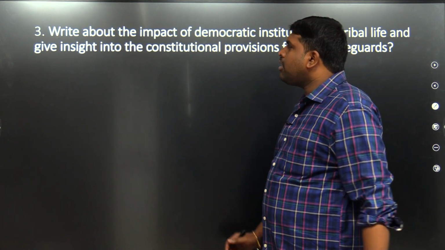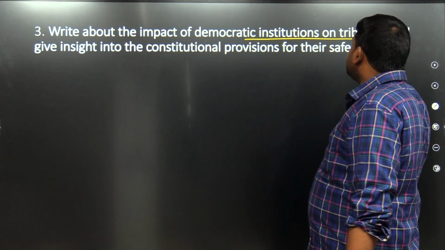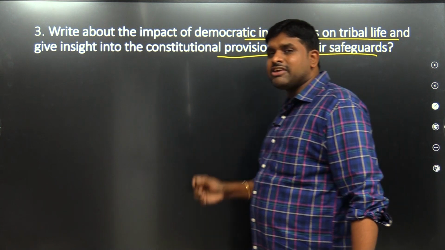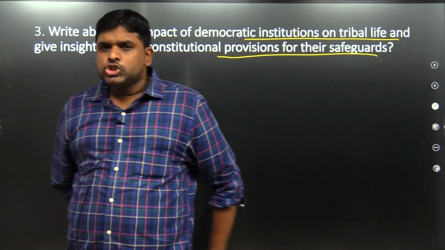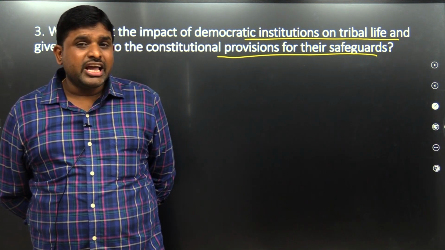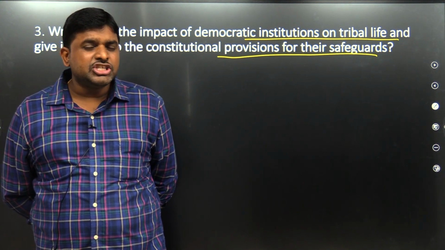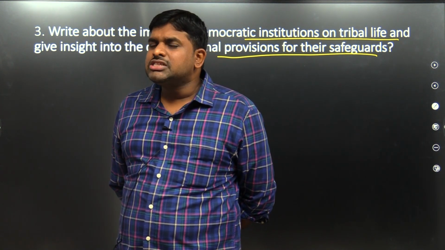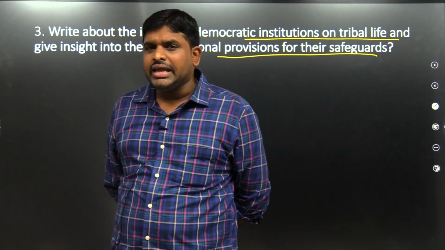And the third question is about the impact of democratic institutions on tribal life and to give insight into the constitutional provisions for their safeguard. The 73rd Constitutional Amendment Act of 1992 was not applied to the Scheduled Areas where the tribals live in the mainstream, Schedule 5, and it is not applied to Schedule 6, which is called the tribal areas of Northeast India.